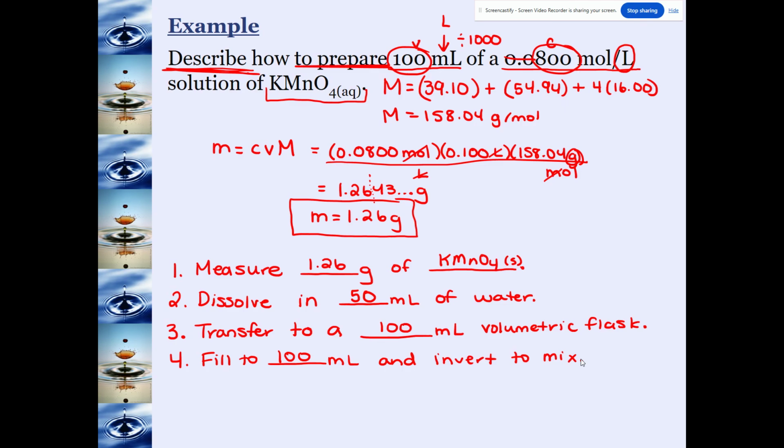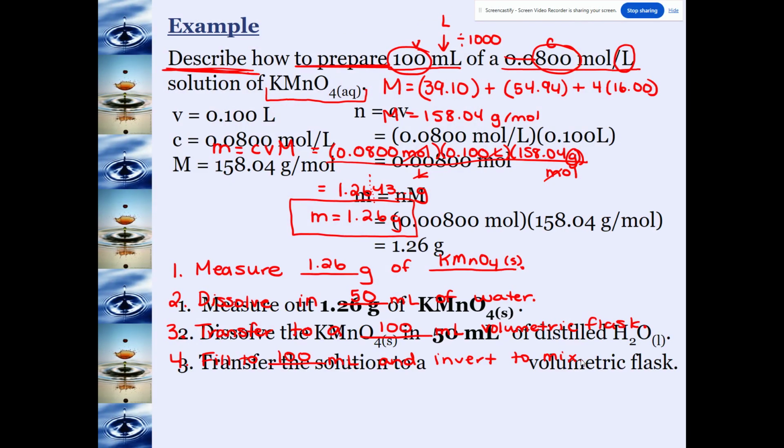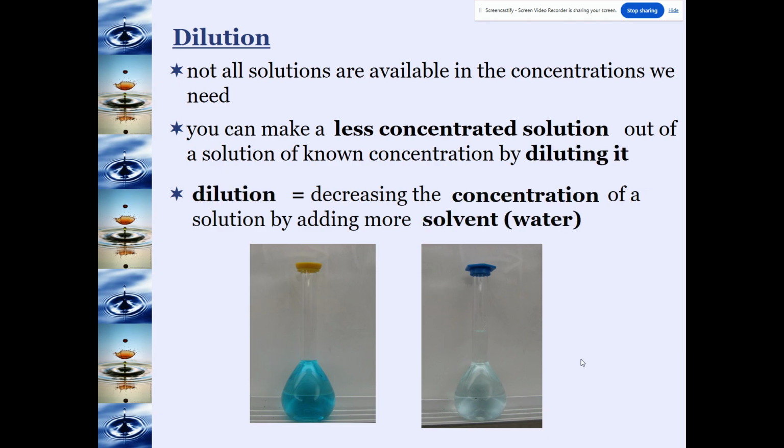The next thing we're going to look at is the second way of making the standard solution, which is dilution. So we're going to talk about dilution and how dilution works. When you have a solution that has a high concentration, we can lower the concentration by adding more solvent. If your solvent is water, for example, you're adding more water.